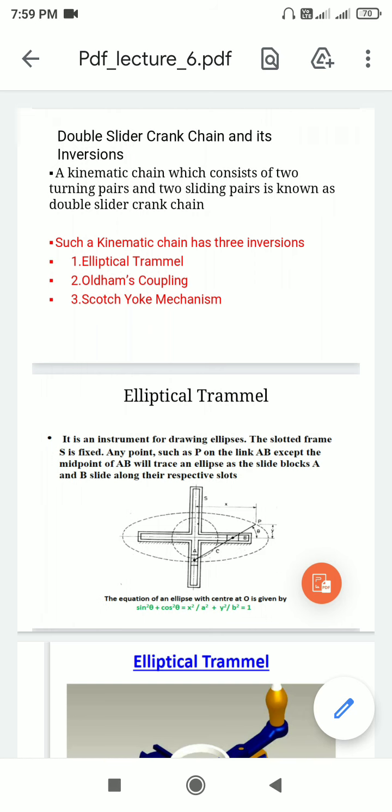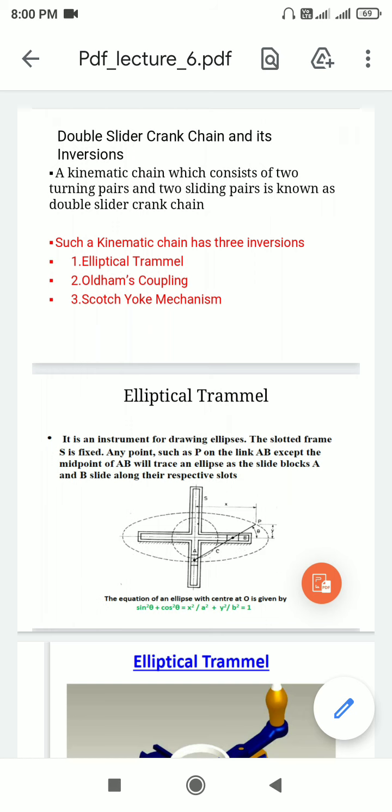Whenever we talk about inversions, if you have four links, as we discussed in the case of the 4-bar chain, if all the links have relative motion with each other and all four links have turning pairs, it will be a 4-bar mechanism.